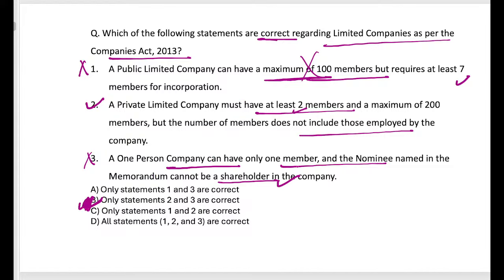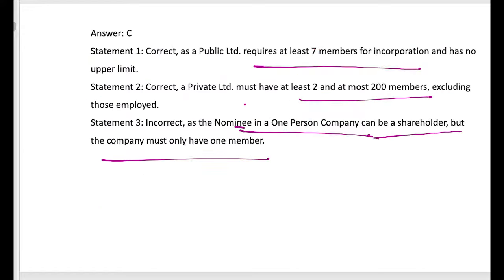A one person company can only have one member, and the nominee named in the memorandum can be a shareholder of the company also, as far as I remember. The first statement is incorrect. Please do correct this one. The nominee can be a shareholder, but the company must have only one member.